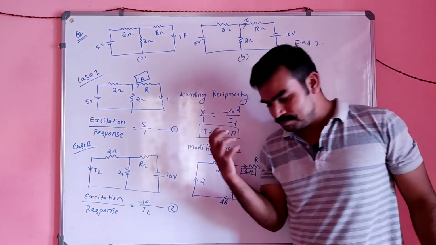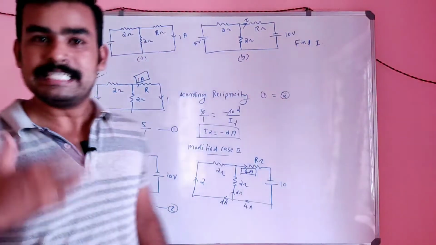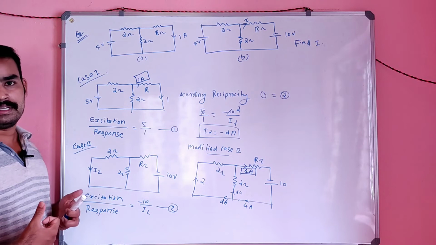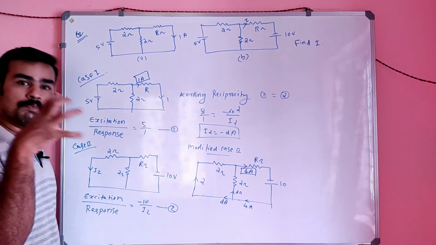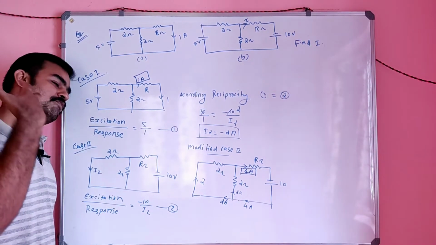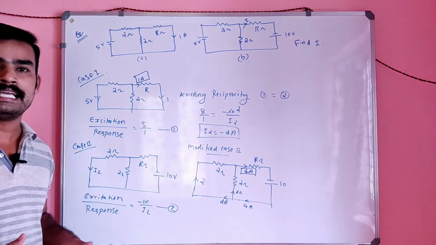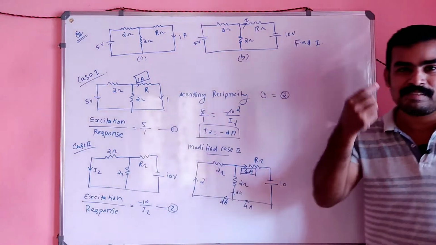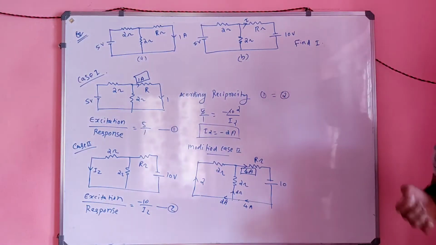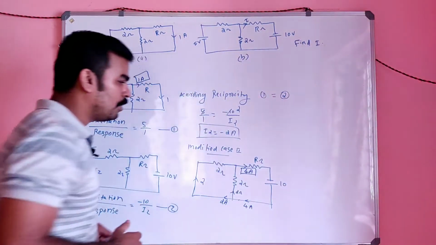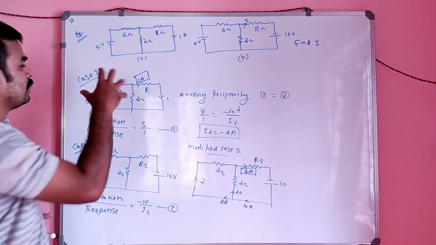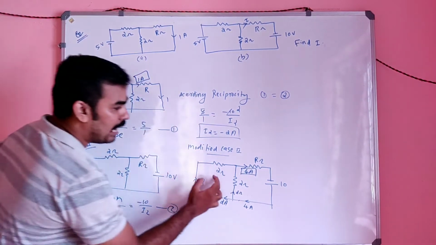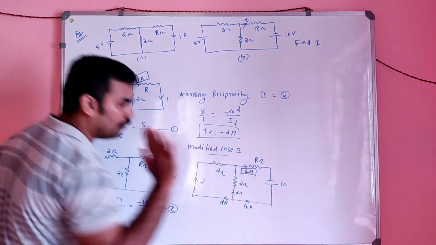What is the superposition principle? It says that whenever 2 or more sources exist in a circuit, the total response across any element will be the algebraic sum of the responses due to each source. That means it is the algebraic sum of the response due to 5 volt, that is 1 ampere, and the response due to 10 volt, that is 4 ampere.